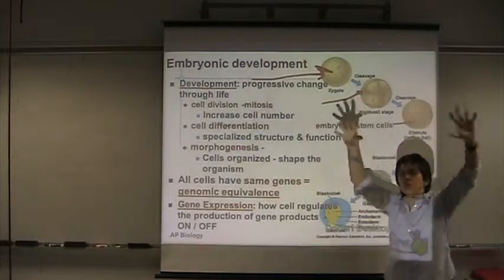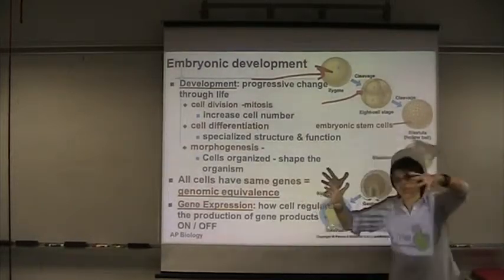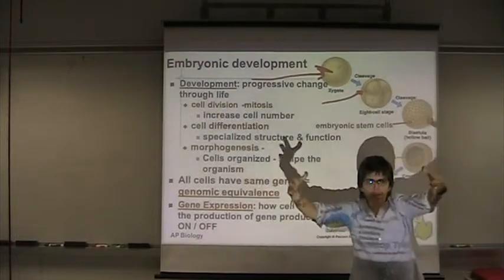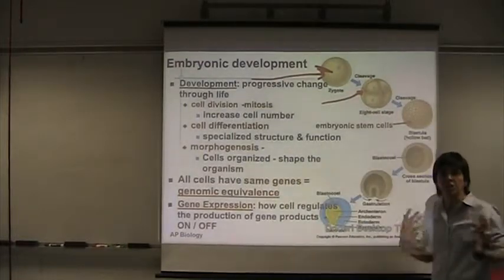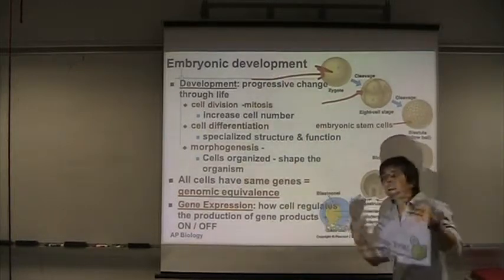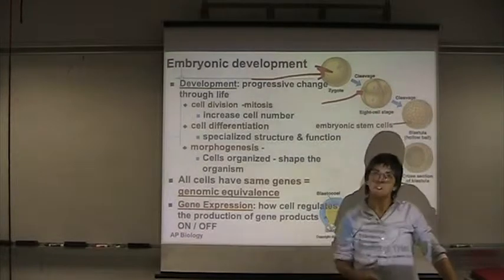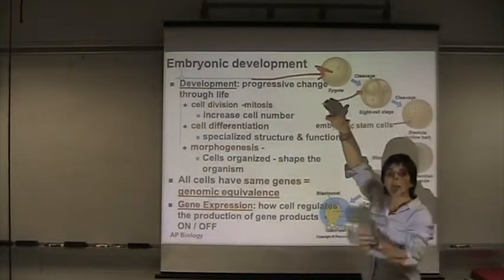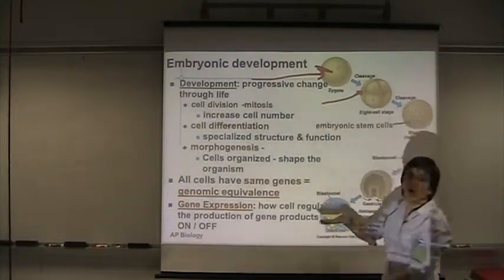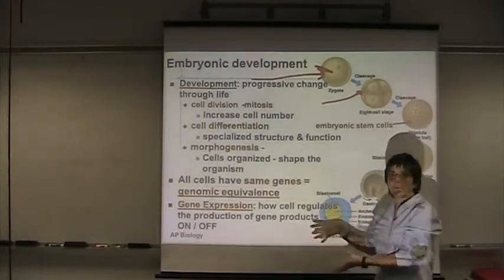So think about it. You have the information for everything in all your body cells, but as you progress through development, some of these genes get turned off, blocked. They can be blocked using one of the many mechanisms we talked about, from DNA packing all the way to protein destruction at the end of the process.